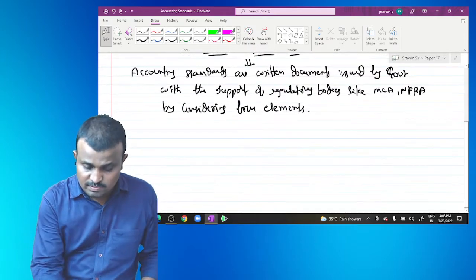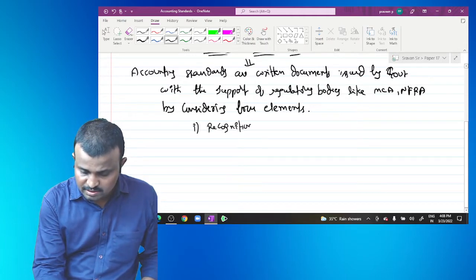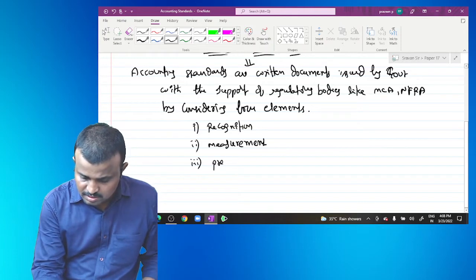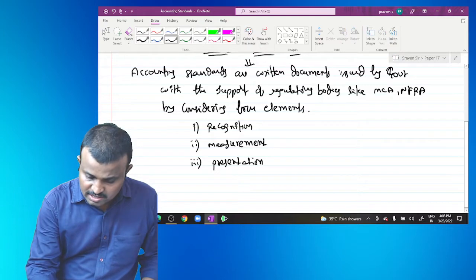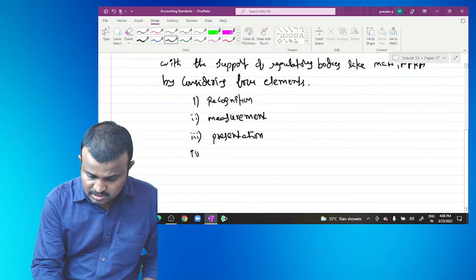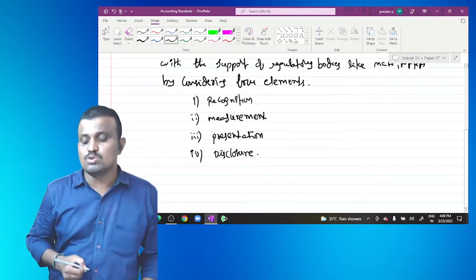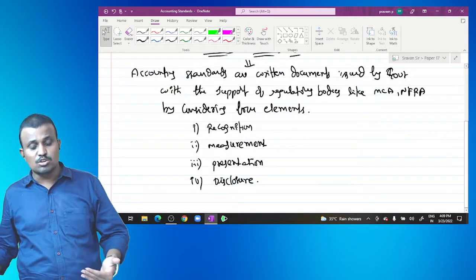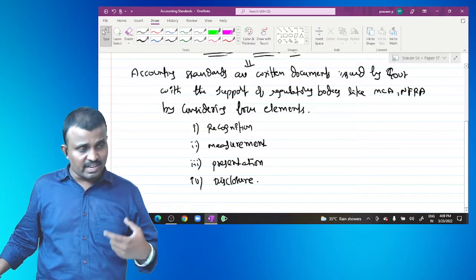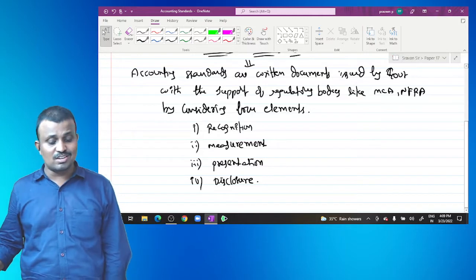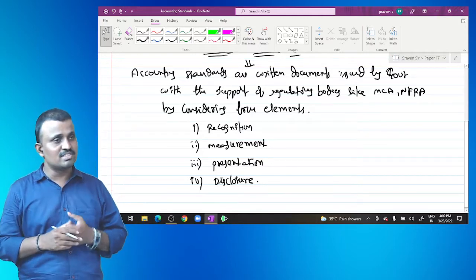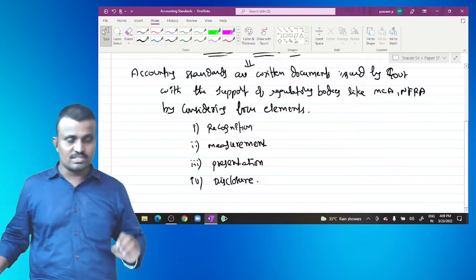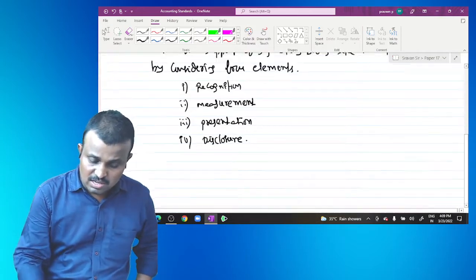The first one is recognition, the second one is measurement, the third one is presentation, and the fourth one is disclosure of those transactions and events in the financial statements.